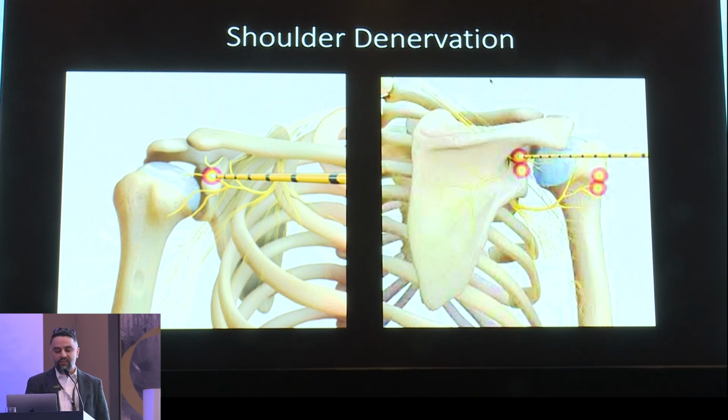Now, shoulder denervation is a kind of new intervention that has been described. They do it for non-operable cases with radiofrequency ablation of 3 main branches: posteriorly, the branches of the suprascapular nerve, only the sensory fibers after it rebranches in the spinoglenoid notch; and anteriorly, the branches of the lateral pectoral nerve and also the lateral branches of the anterior axillary nerve.